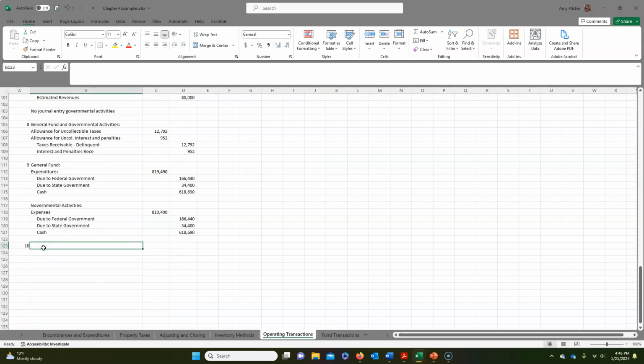So in the general fund, we have expenditures, and then due to federal government, $62,690.